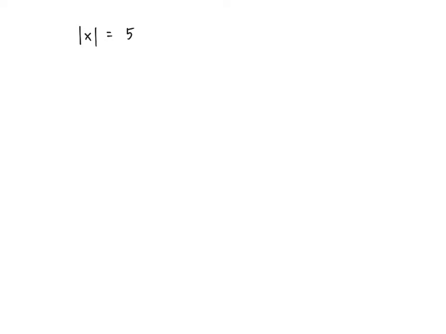Now this equation is asking you, what values of x would cause the absolute value of it to equal 5? Or in other words, what numbers are 5 units away from 0? Let me write that down. What numbers are 5 units away from 0?